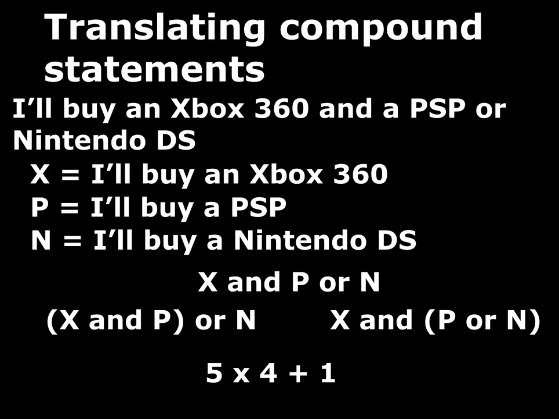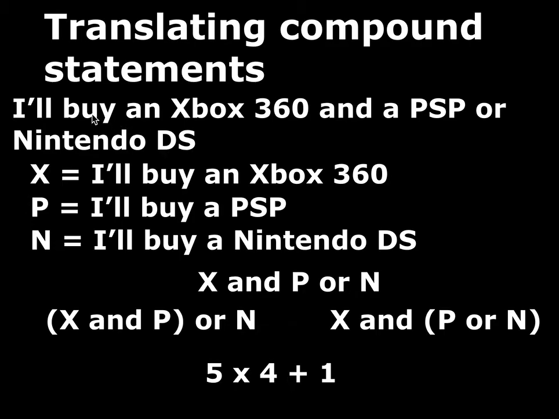Okay. But then you might say, well, which one is it? Is it this or is it this? Well, the answer is it's just ambiguous. We don't know. The original English sentence doesn't have clues to tell us. So if someone actually said this to you, or they sent you a text message that said this, what you might have to do is reply back and say, wait a minute.